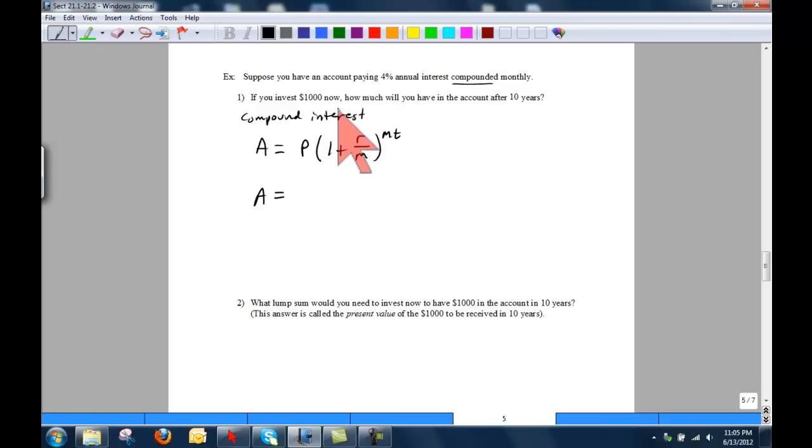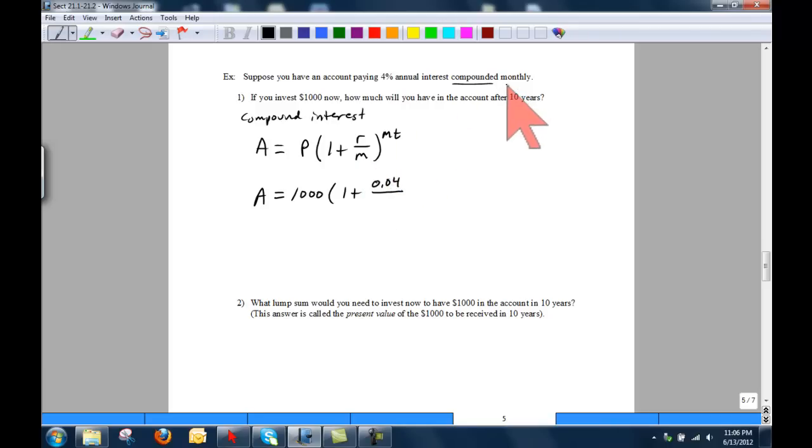P is the starting principal. It's how much you initially invested. For this problem, it's $1,000 times the quantity 1 plus a fraction. R is the nominal interest rate. For this problem, it's 4%. M is the number of times per year that interest is compounded.